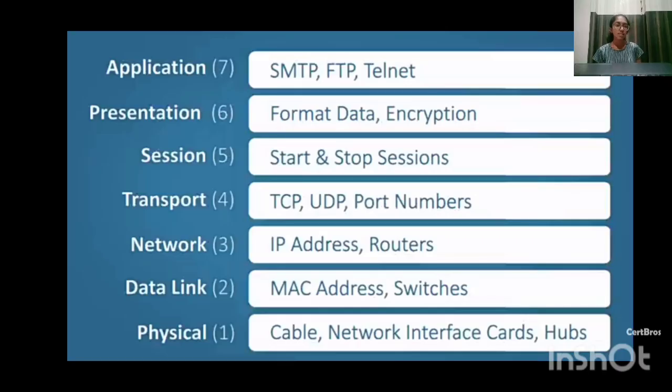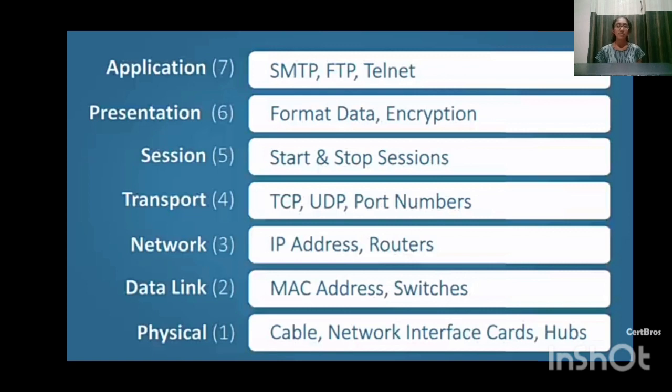And let me say the protocols of all the 7 layers. At the first layer, the physical layer, it's cable, network interface cards and hubs. The second layer is the data link layer, that is MAC address and switches. The third layer is the network layer, that is IP address and routers.